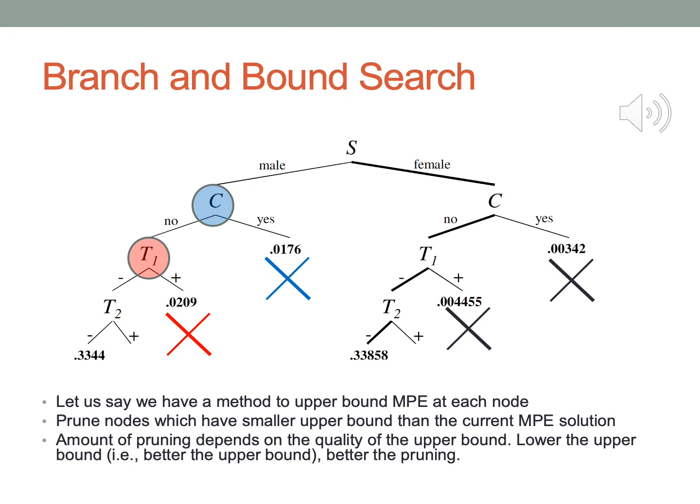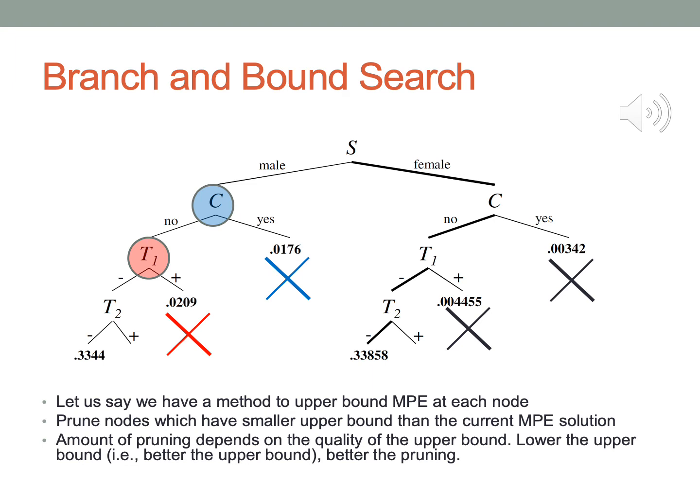Similarly, consider the blue node which is now labeled by C. When C is assigned the value yes instead of no, the upper bound is 0.0176. And if you now look at that node, you can see that we can even prune this node.